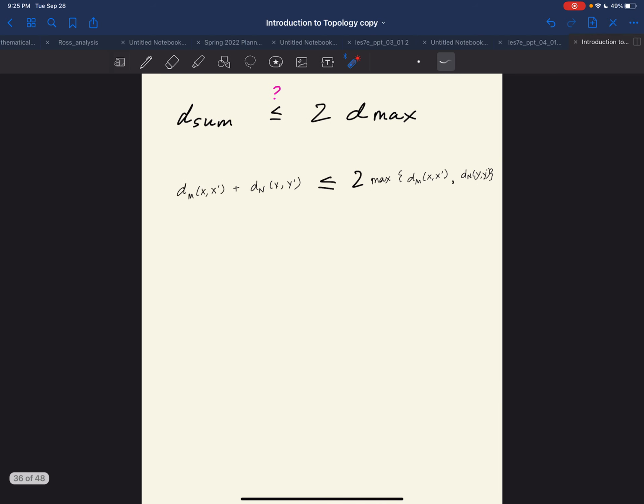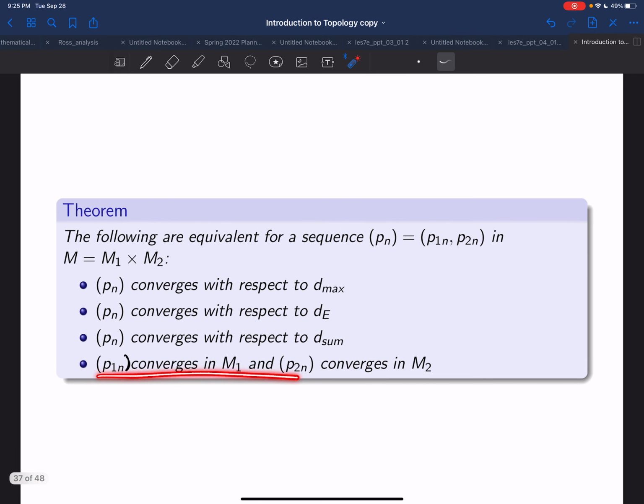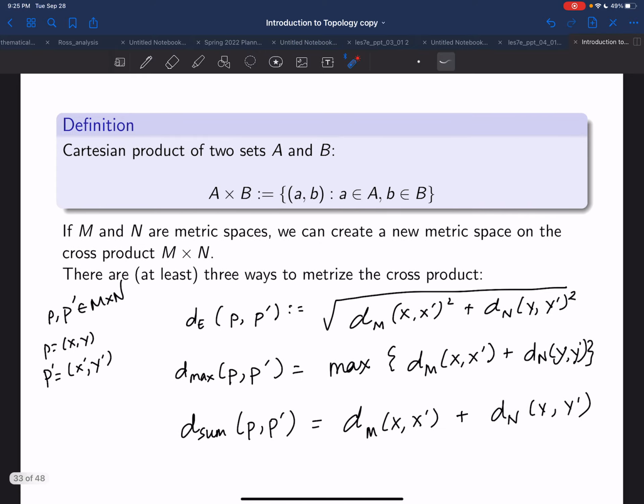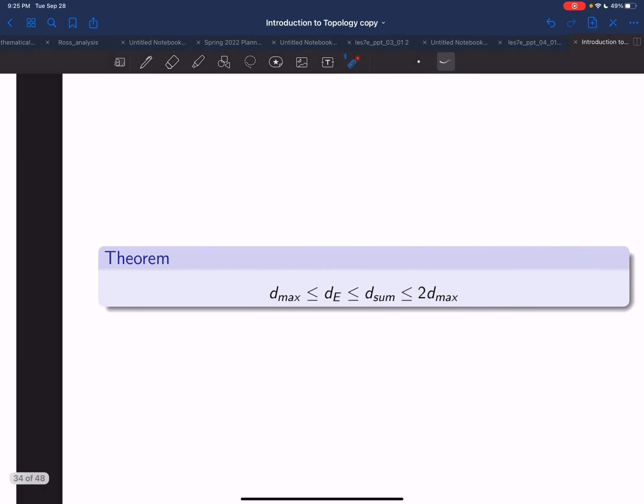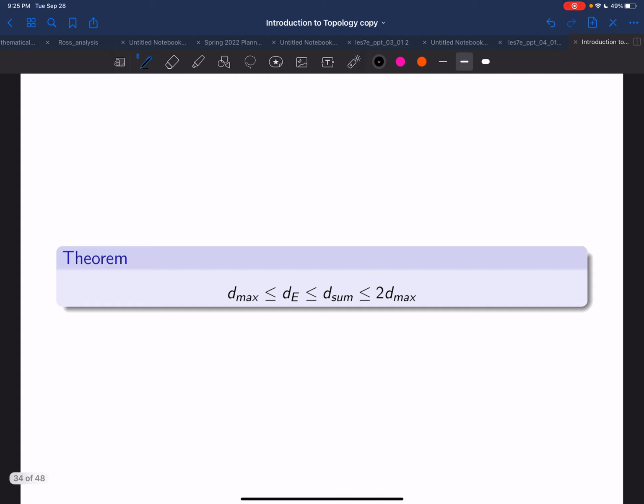Okay? And lastly, to show this, right, our sequence converges in M1 and it converges in M2. Well, we can look at the fact that this is going to be greater than or equal to the distance with respect to n of the y prime, and it's greater than or equal to the distance in the m metric, right?